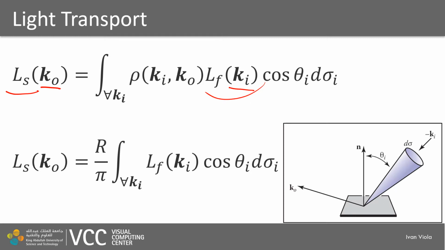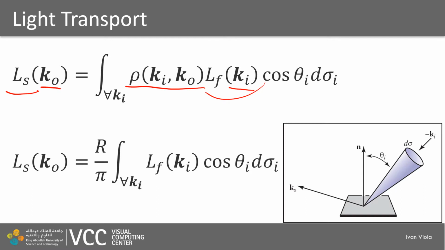Then we have the so-called BRDF, the bidirectional reflectance distribution function, which tells us how much light is transported from the incoming direction towards the outgoing direction.